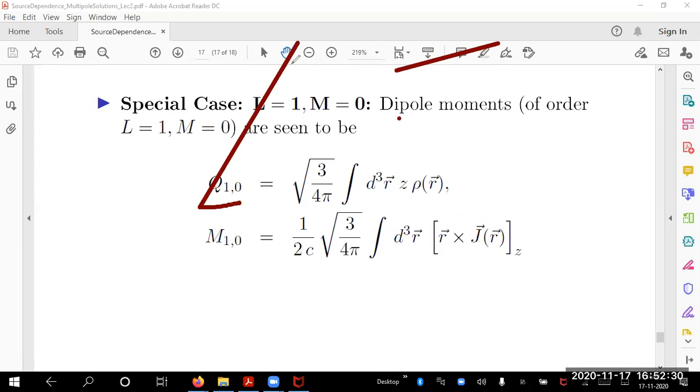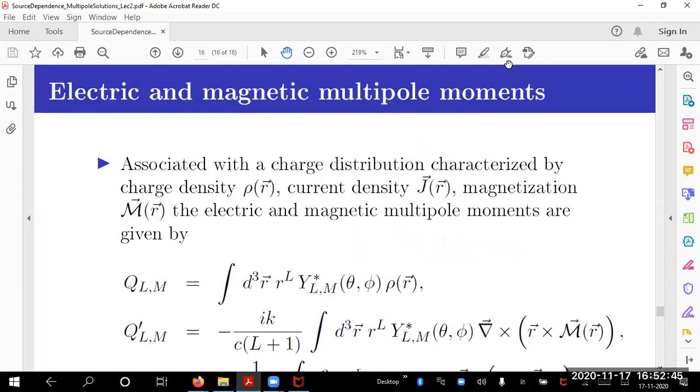I have to substitute Y10, which is proportional to cos theta. You can check that. It's tough to explain, even on a board, but I will try. Here I have the full QLM. Substitute L equal to 1, M equal to 0.